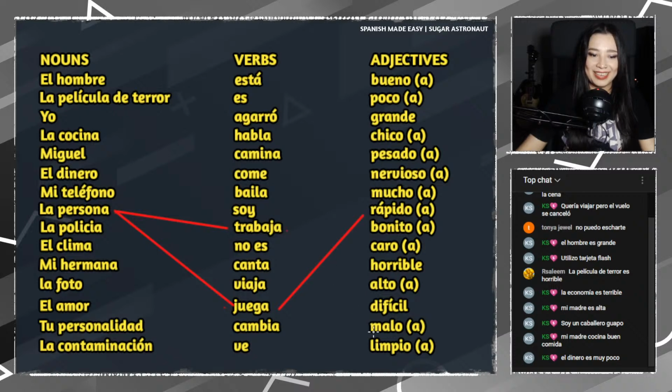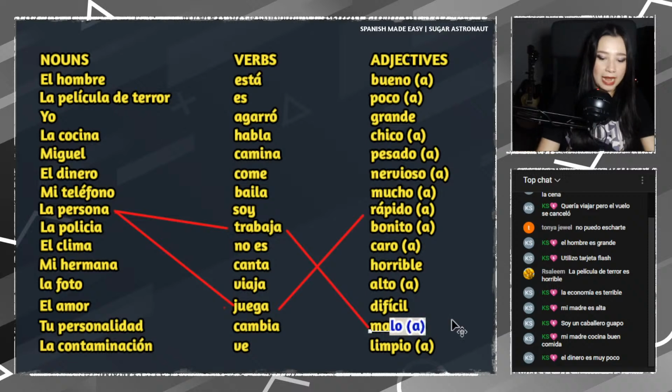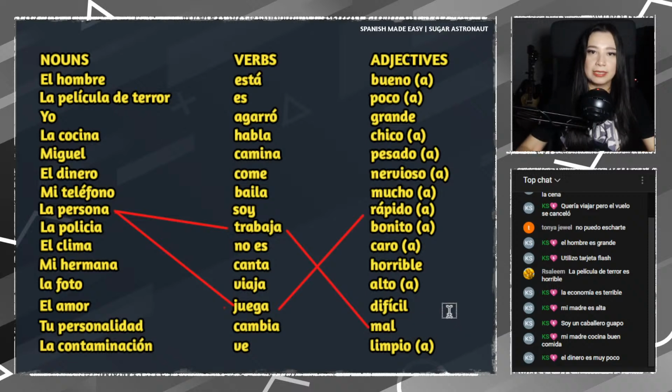Trabaja. And if you want to say the person works badly, or is not good at what they're doing at work, la persona trabaja mal, okay? Not malo, but mal. So it's similar to bien. Instead of bueno, we use bien. Bien means well.